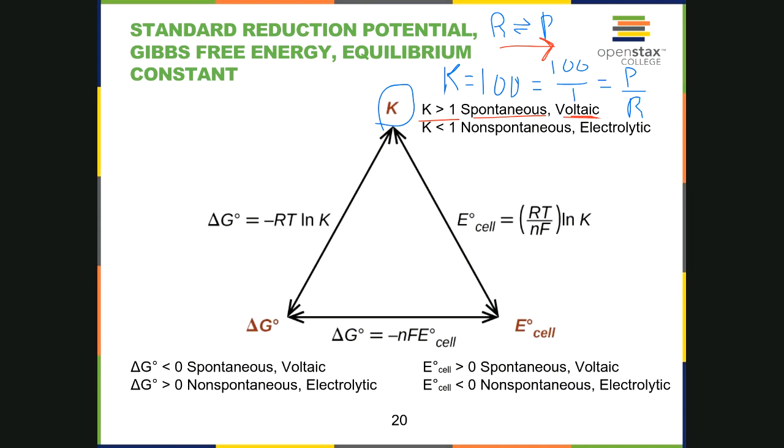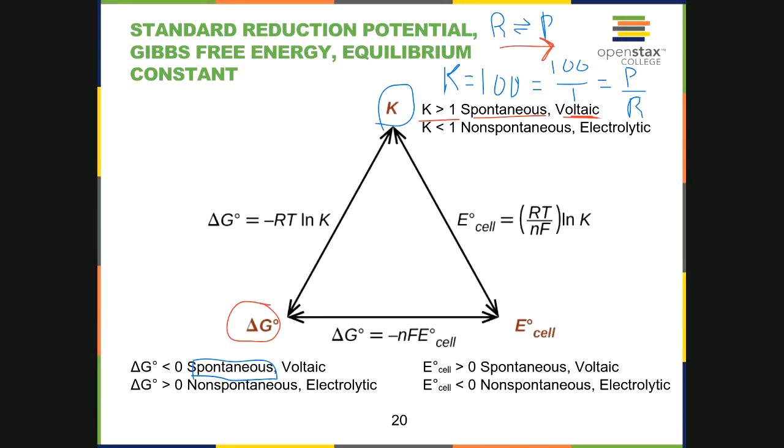Now, we then went from equilibrium constants to Gibbs free energy, and that's down here. And for Gibbs free energy, we said that something is spontaneous if the Gibbs free energy is less than 0.